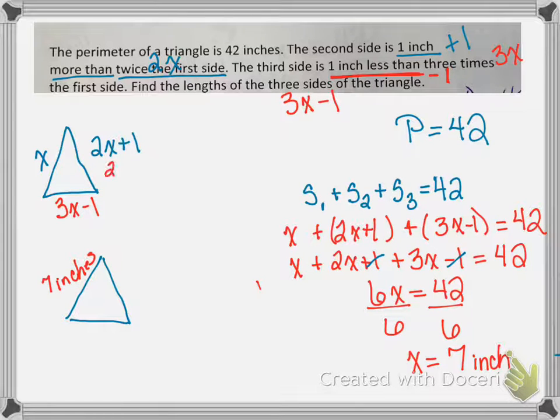So then I have 2 times 7 plus 1, which is? 15. Excellent. Then for my third side, I have 3 times 7 minus 1. Excellent. 20 inches. Good job.